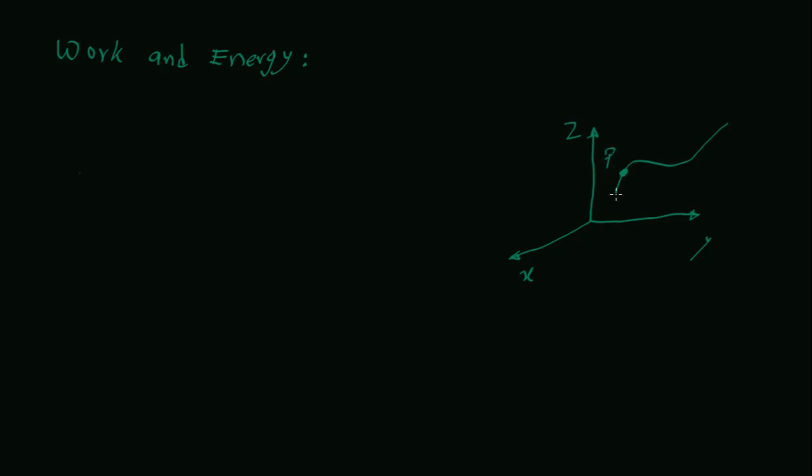We have particle P that is moving from point A to point B. The path for the motion of the particle, we show with C for curve. So this path in 3D could be a general 3D curve. So particle P is moving from point A to point B on path C.